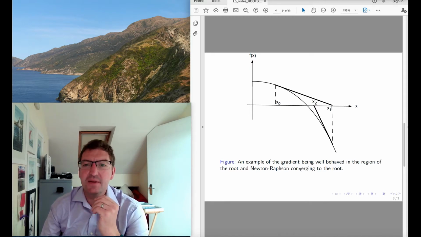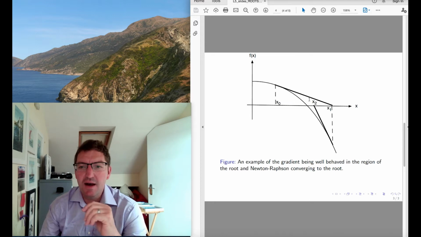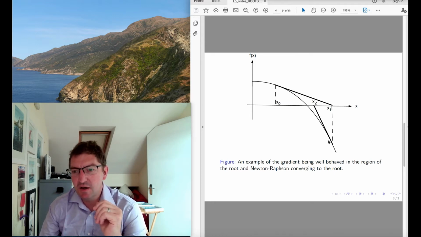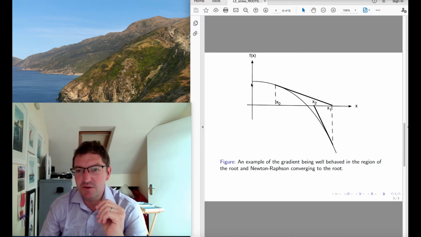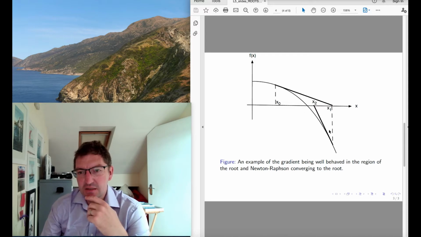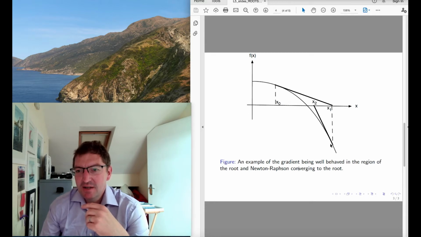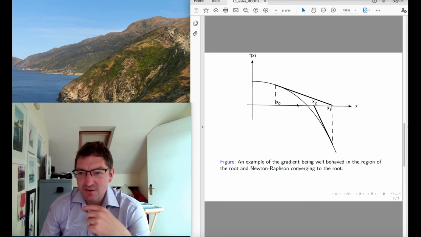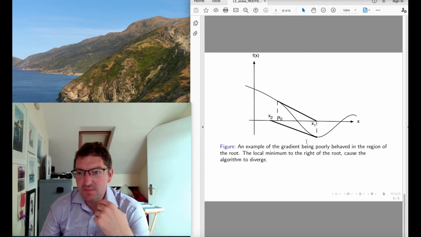And here's a convergent example of Newton-Raphson. See the root here: the first value shoots from x0 to x1, the next goes to x2, and you see it's nicely converging to the root, and that's what we expect most of the time.